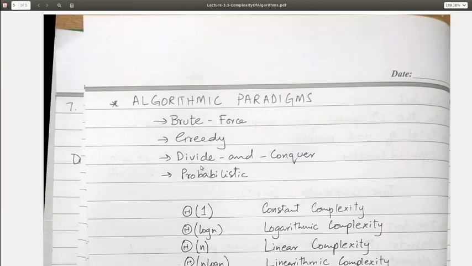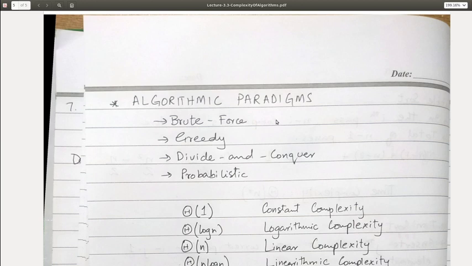There's a concept of algorithmic paradigm, which is that some algorithms can look very similar. Maybe they're for different problems, but the concept behind them is the same. For example, the brute force paradigm is to check every possible input.